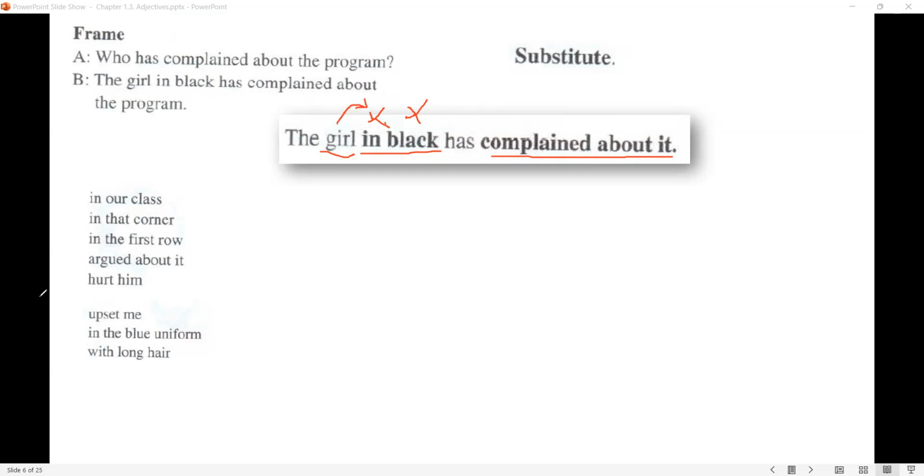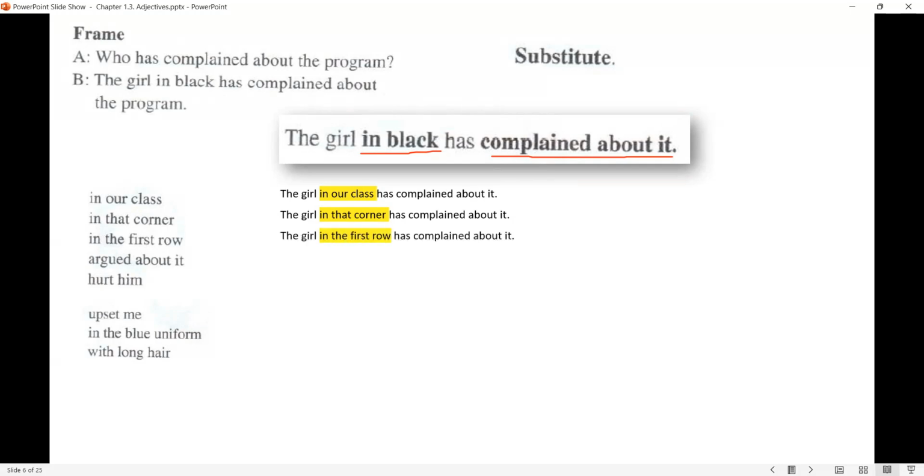Now, pause the video, do the exercise. I just assume that you're ready, so let's begin. The girl in black has complained about it. In our class. The girl in our class has complained about it. In that corner. The girl in that corner has complained about it. In the first row. The girl in the first row has complained about it.